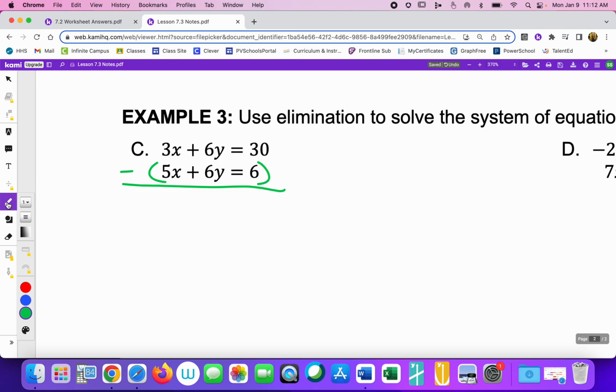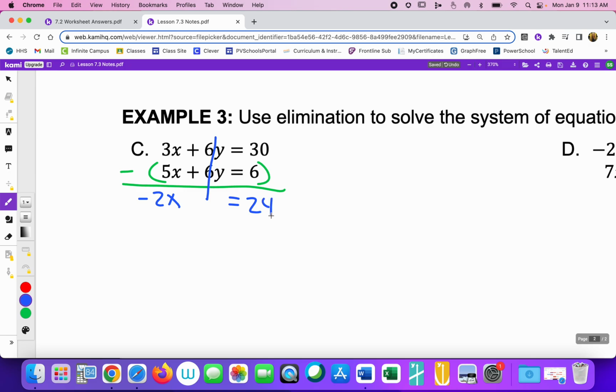So in doing so here, if you did it this way with using subtraction, 3x minus 5x would be what? Negative 2x. 6y minus 6y, 0. 30 minus 6, 24.